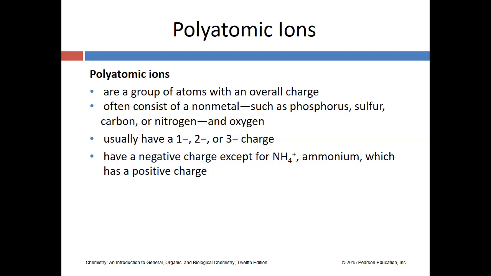And that charge is almost always negative in value. There's one exception: the ammonium ion, NH4+. But even that follows our traditional pattern in that it ends in -ium, just like every other metal ion ends in -ium as well.